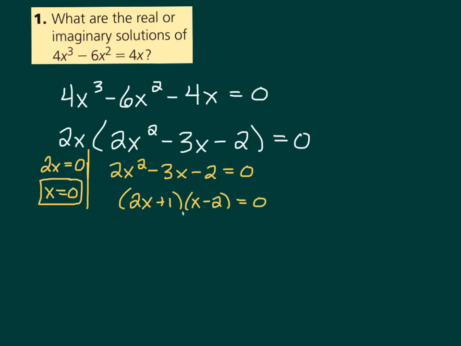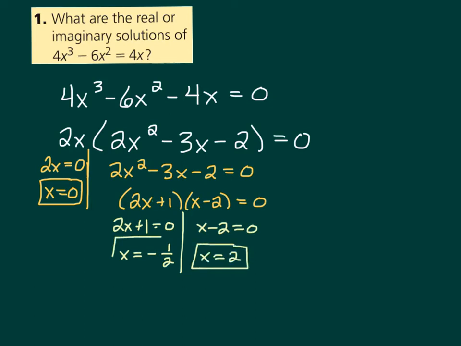So we do the zero product property again. 2x plus 1 should be 0. So x could be negative 1/2. x minus 2 could be 0. So x could be 2. So what are my zeros?